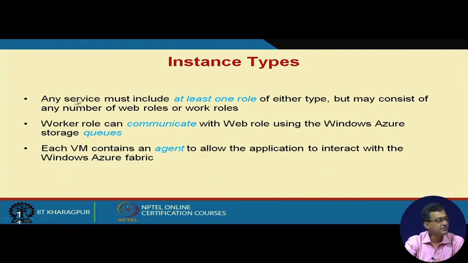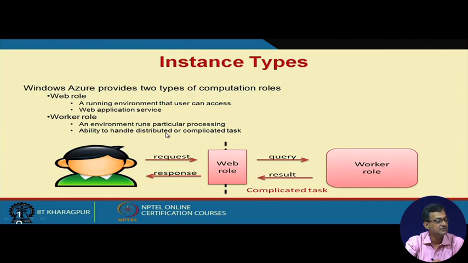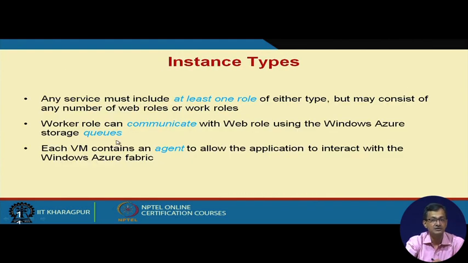Regarding instance types, any service must include at least one role of either type, but may consist of any number of web roles or worker roles. That is important. A worker role can communicate with a web role using Azure storage queues, which we have seen in this picture. There is a set of queues in the storage component.